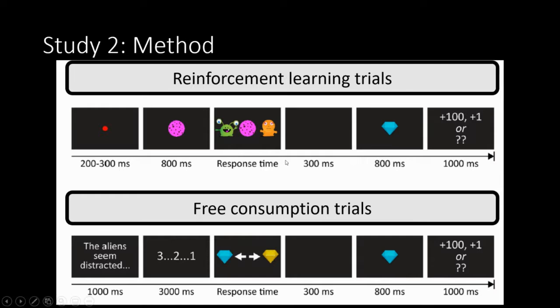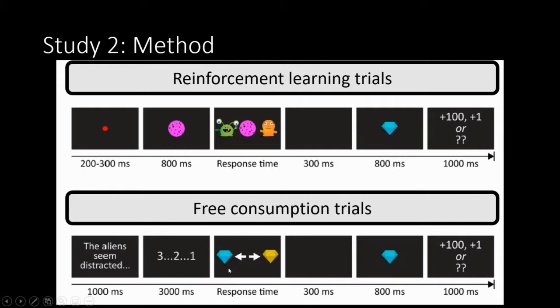So this is for the reinforcement learning trials. We also simulate these free consumption trials. In our free consumption trials, the participant had to pick one of the two diamonds, and they got the points of that diamond, and that's all.